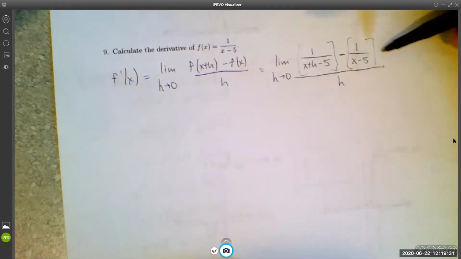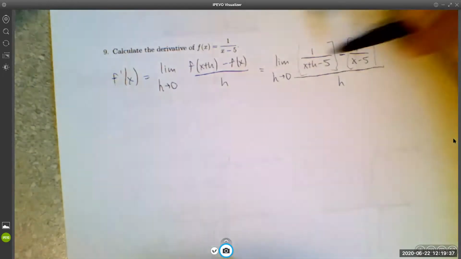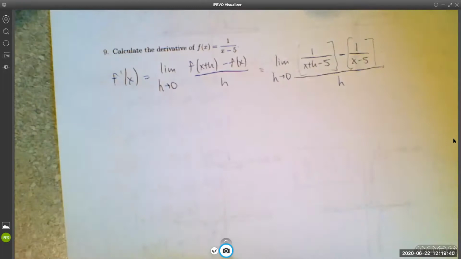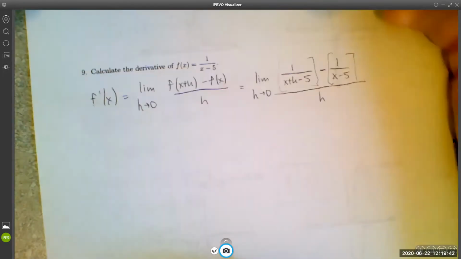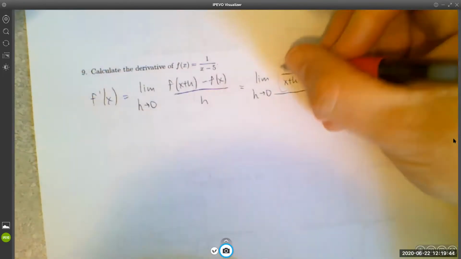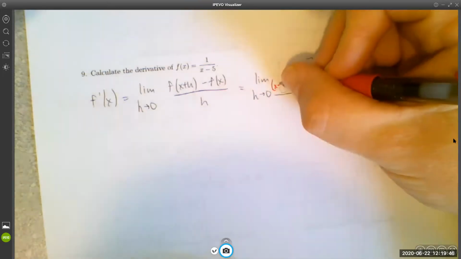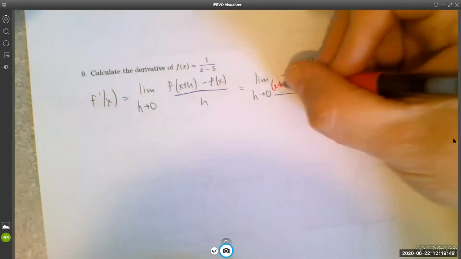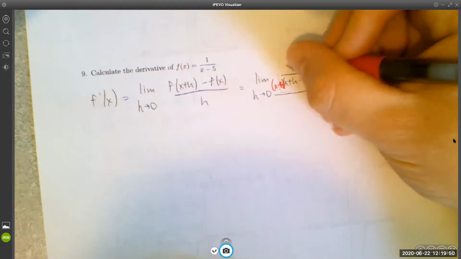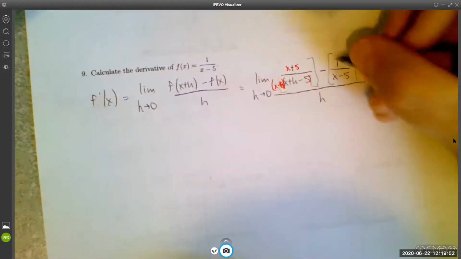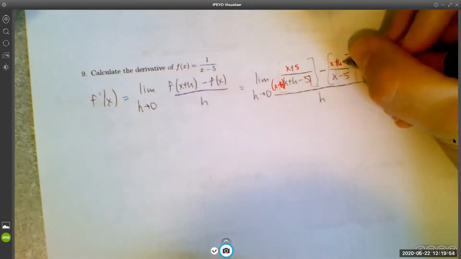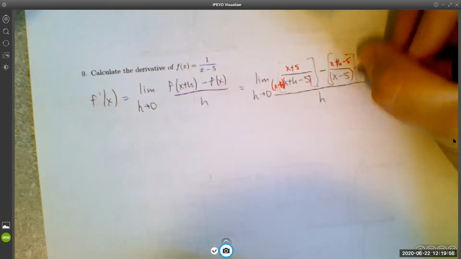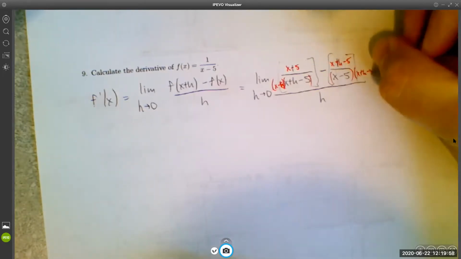The other thing we could do would be to just multiply numerator and denominator of the big fraction by the LCD, which is this times that. But I think the math is probably just a little easier to work out if I just do this. And do x minus 5 there, and x plus h minus 5 down here.